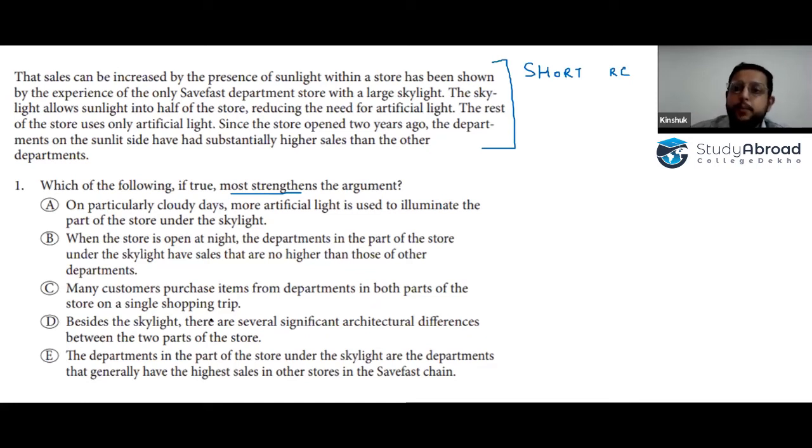So basically, what is the point here? Finally, what are they trying to say? They are trying to say that sales have increased. Right, their final end is that they have increased the sales. How have they increased the sales? By letting the sunlight enter.